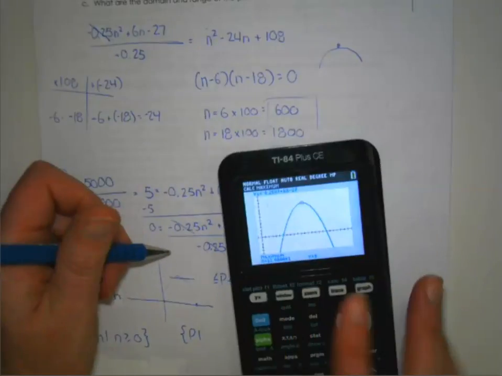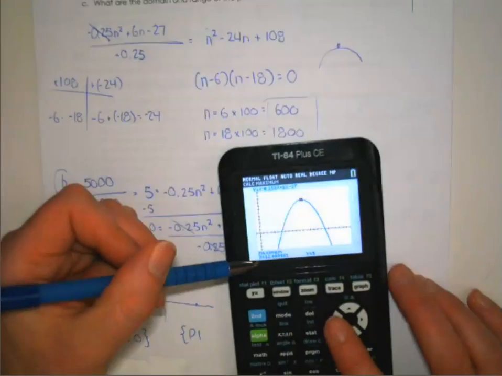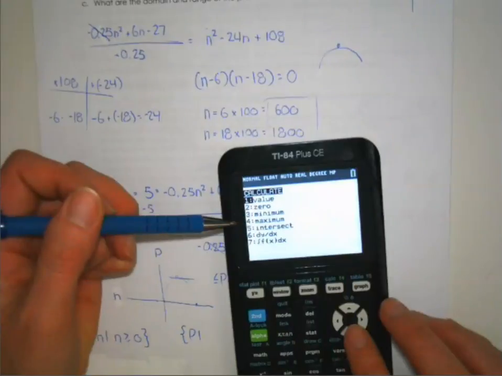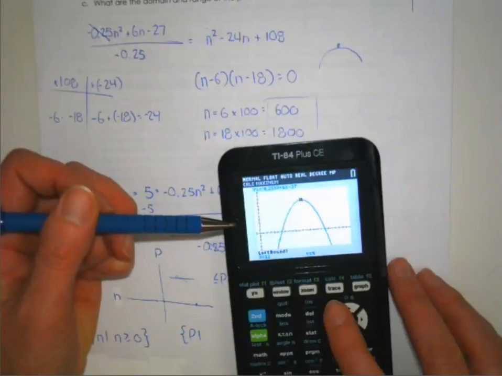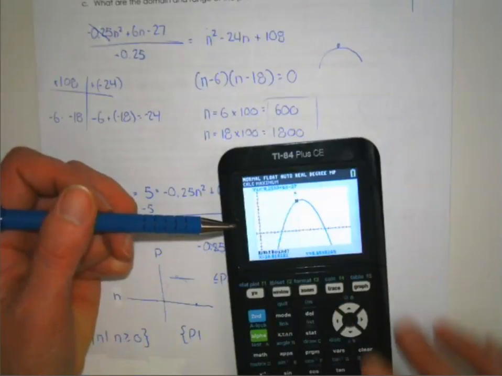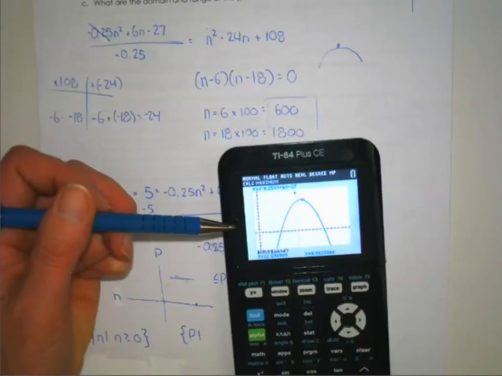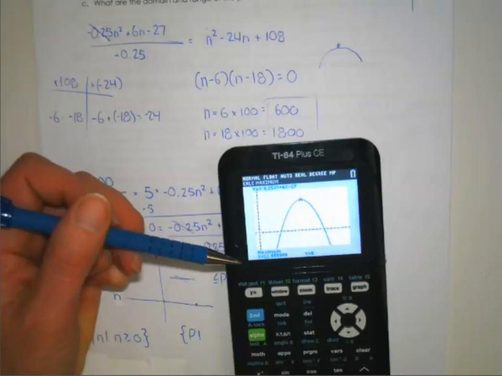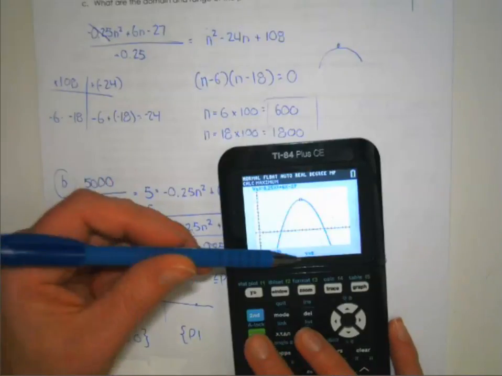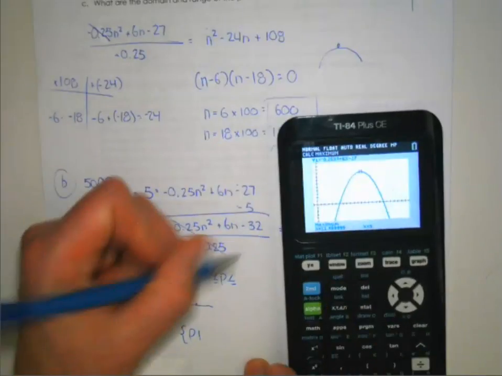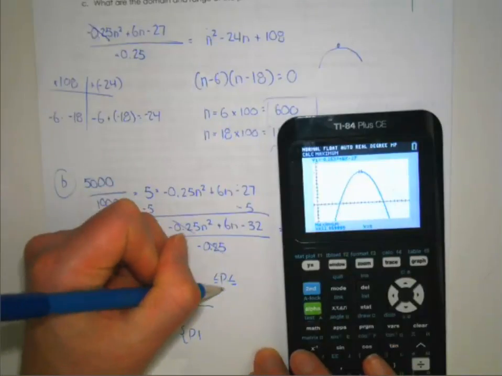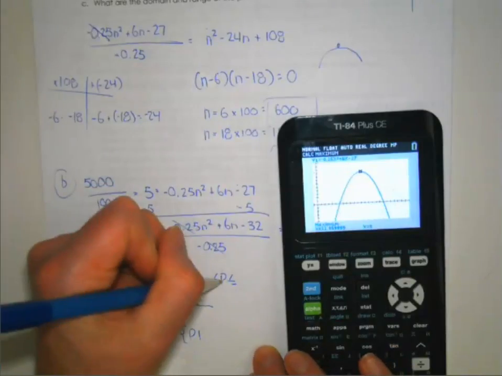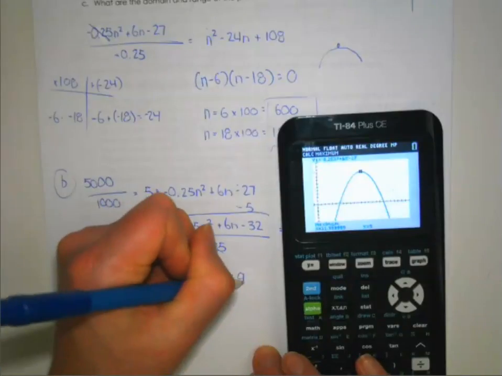So I went in here already and put the graph in and I do second function trace, go to my maximum, and go to the left and to the right. And I get that my maximum is at x is 12, but y is 9. So that means y, or p in this case, which is y on the graph, has to be less than or equal to 9.